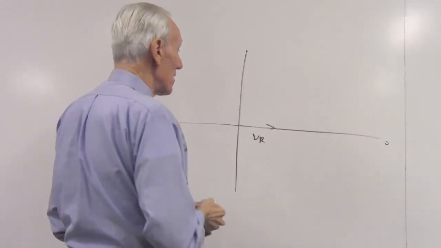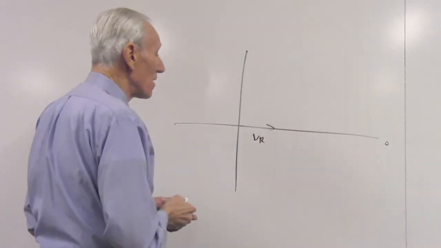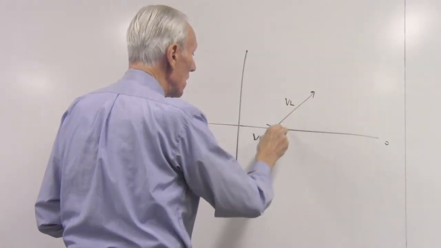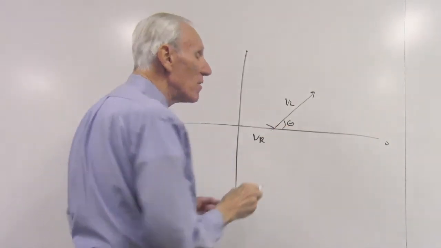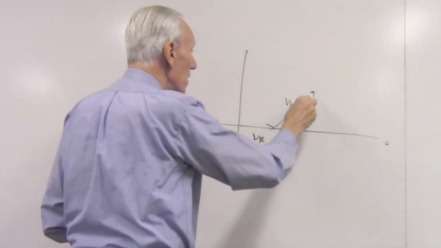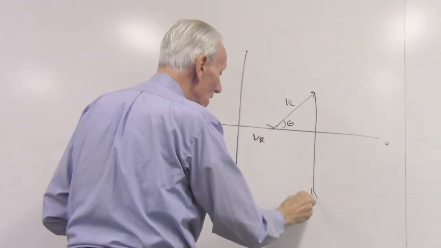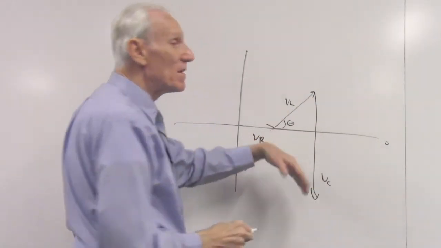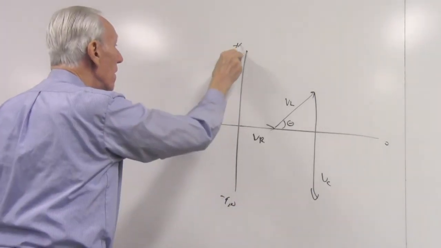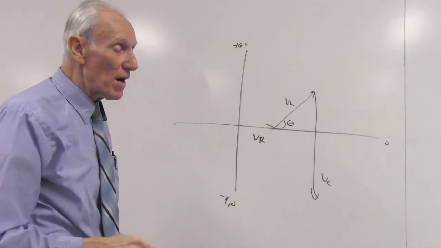We know all about vector addition from last semester, so we can use that. So we plot the voltage across the inductor at that angle we calculated in part B, and we also then plot the voltage across the capacitor at the minus 90 degree angle that we learned in part A.